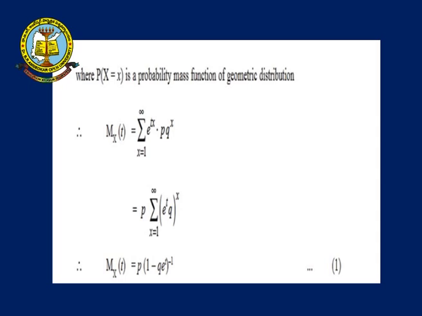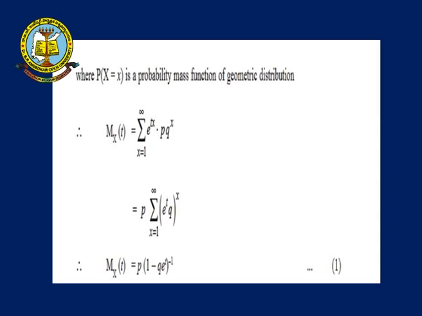M of x(t) is summation of x is equal to 1 to infinity e power tx into p into q power x. The fundamental formula we are taking here: p summation of x is equal to 1 to infinity e power t into q. See here, in the formula e power tx into p into q power x, p is taken common. So p is taken outside, and the power x is common, so I am taking the base e power t into q, taking the whole power x.